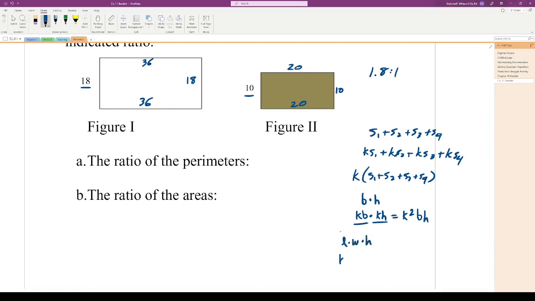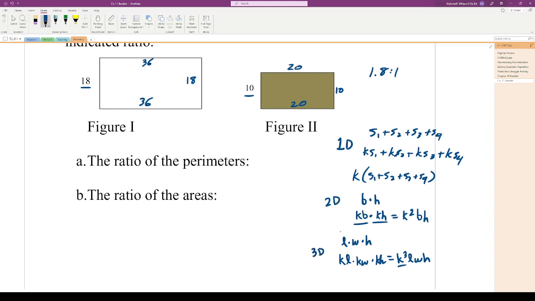And if we multiply by K, we get KL, KW, KH, and we end up with K cubed times the original volume. So whatever we scale something by, we end up with the scale factor affecting each dimension. So perimeter is one-dimensional, area is two-dimensional, and volume is three-dimensional.